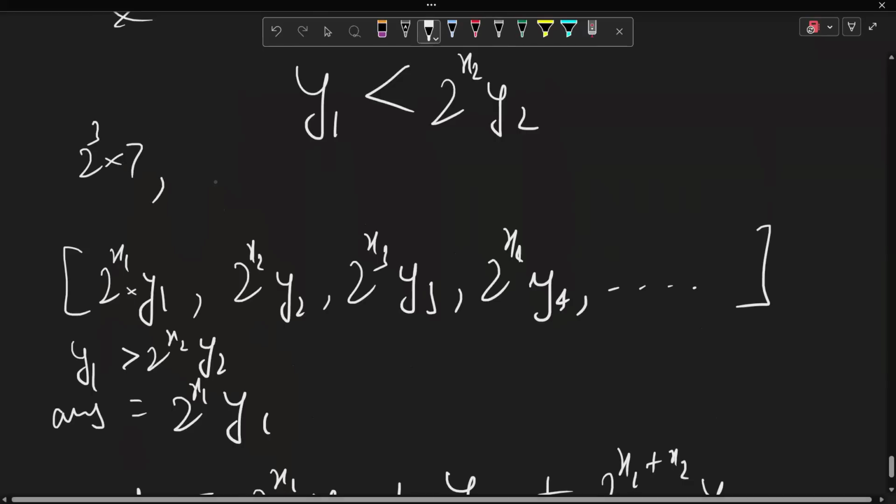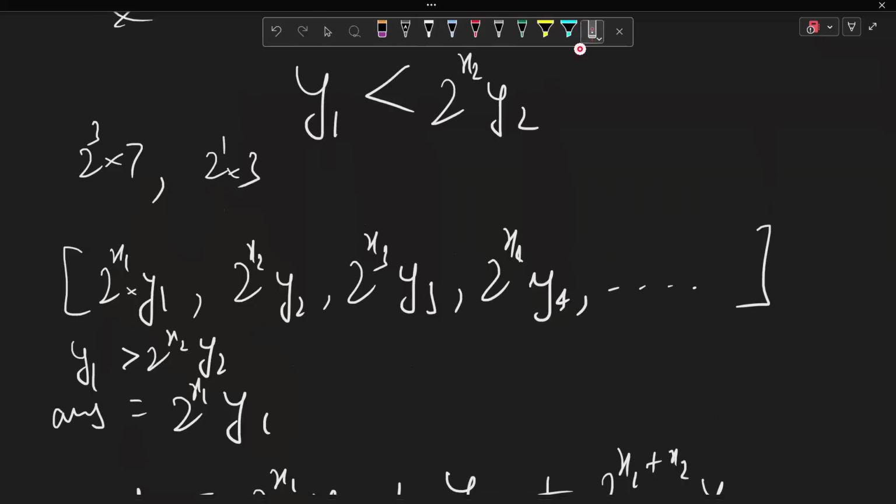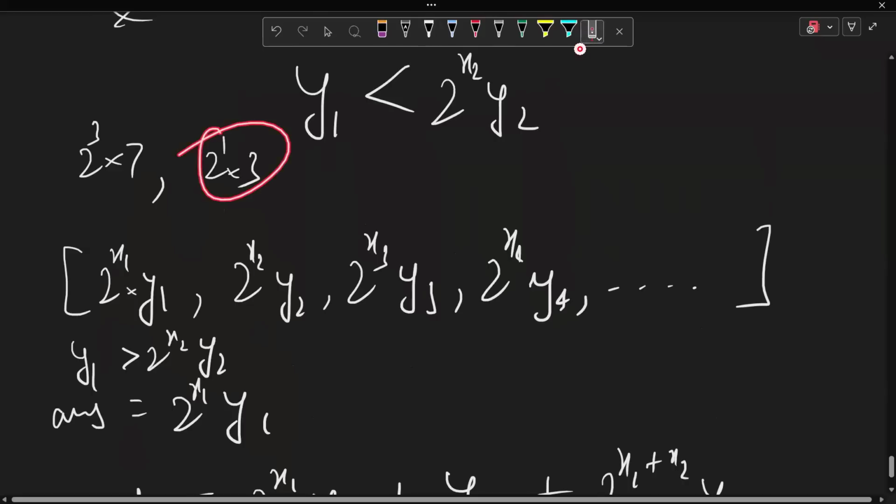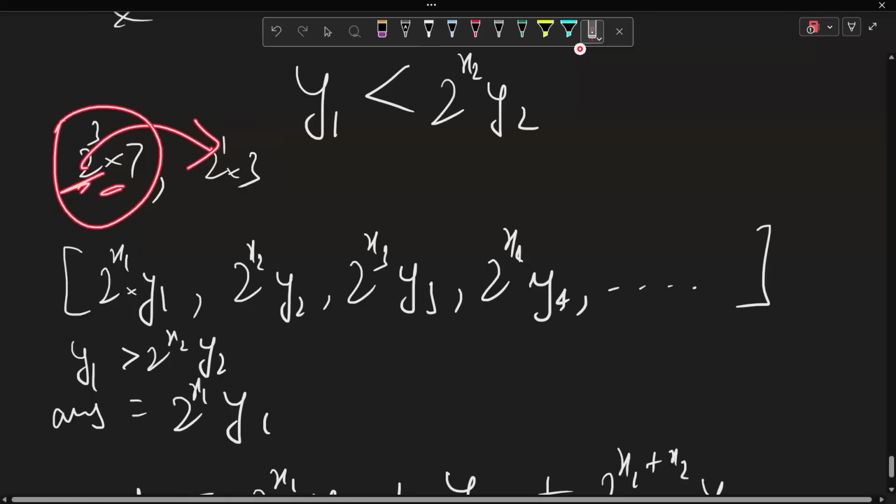After that, let's say you have a 6 here, which is 2 to the power 1 into 3. Then you would compare this value with this value. 6 is less than 7, so you would not move it here. You would keep 2 to the power 3 here only.